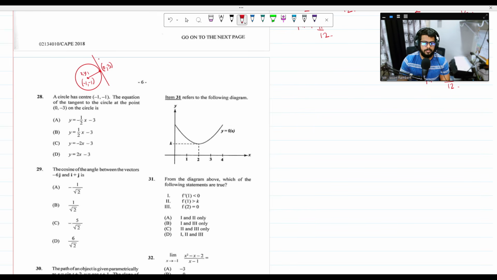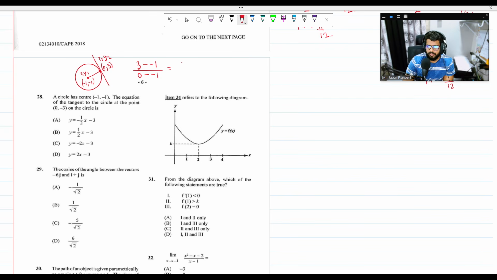So (x1, y1), (x2, y2): y2 minus y1 over x2 minus x1. 3 plus 1 is going to give me a 0 minus 3, right? And minus 1 minus 1.